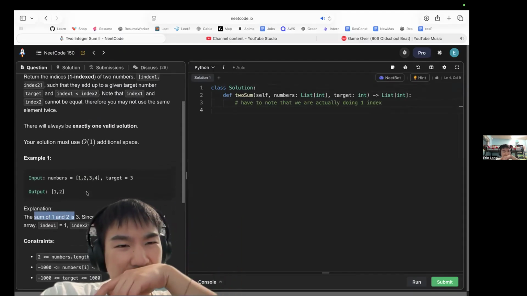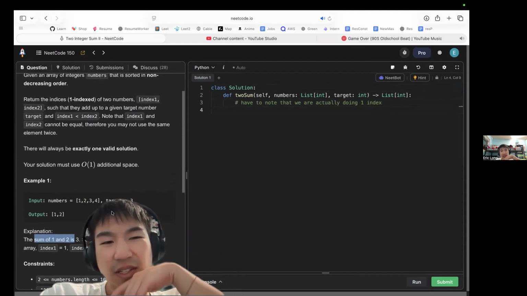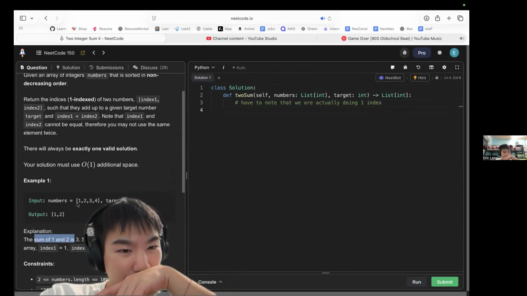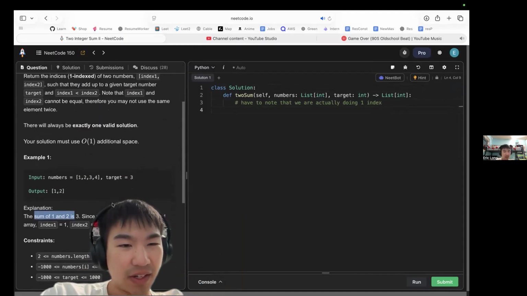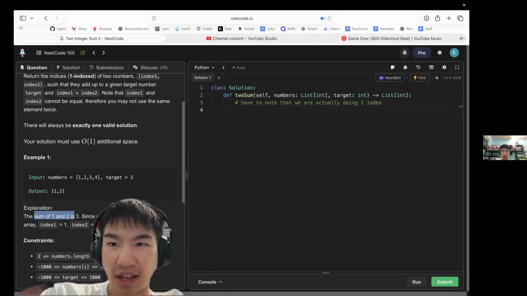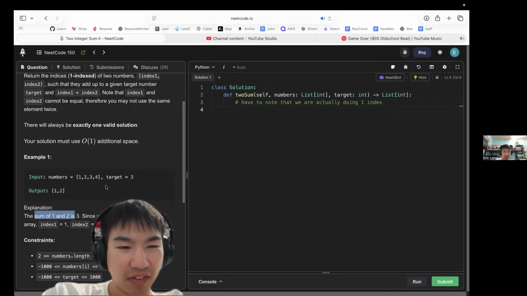Okay, I think we could try to solve this by using two pointers. Because it's sorted, I would say that we could start two pointers, one maybe on the left, one on the right, and just decrease or increase by moving pointers.